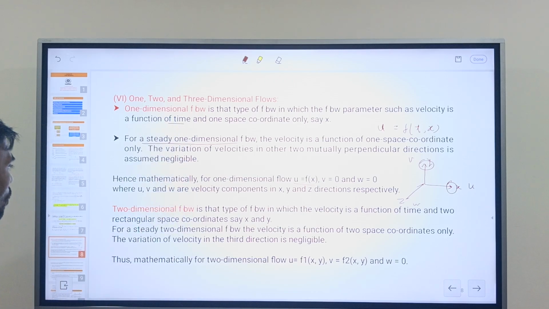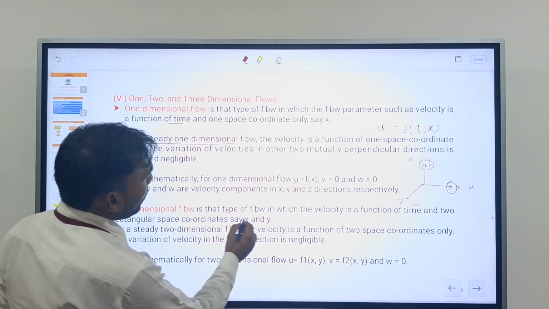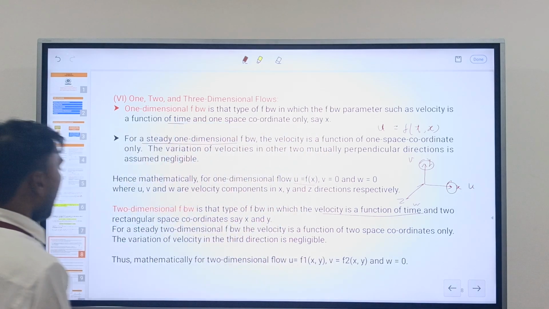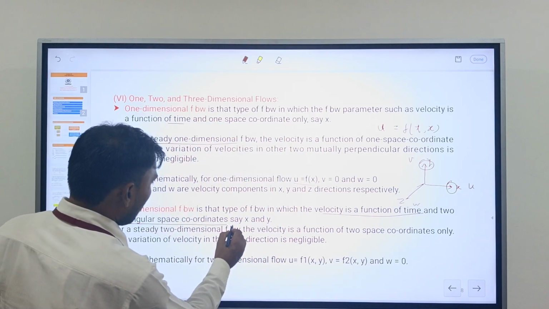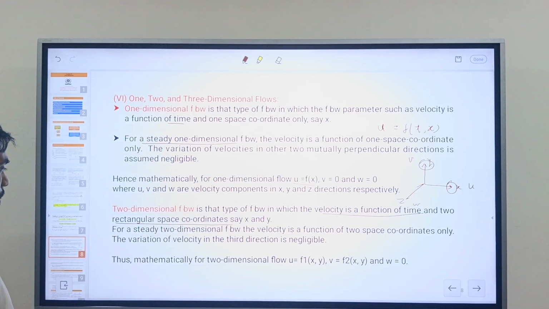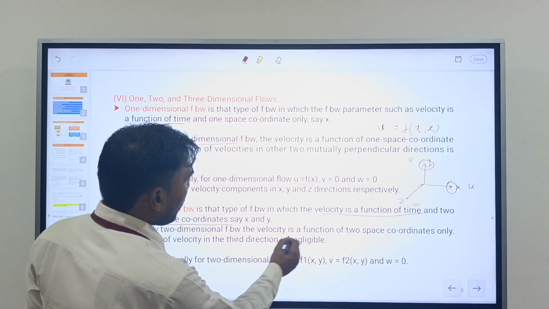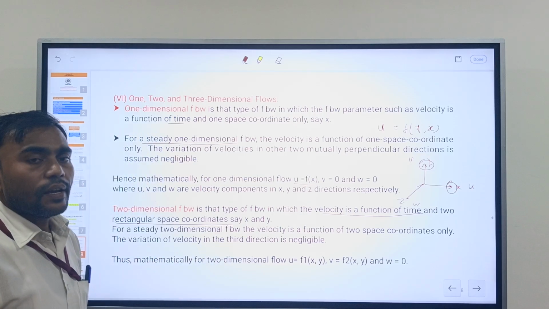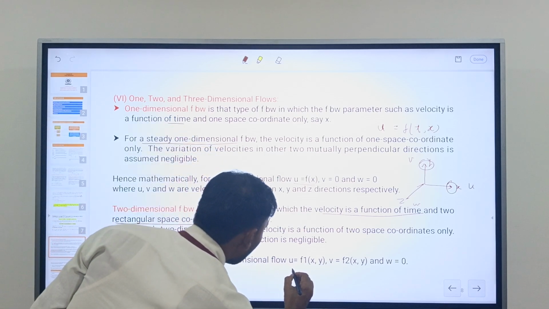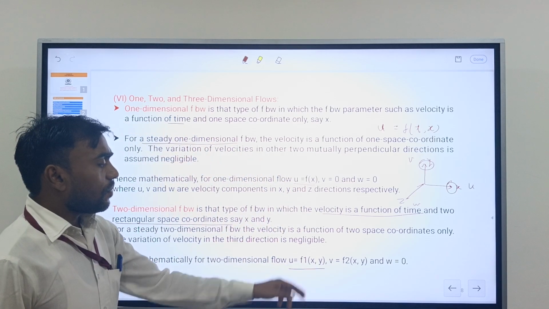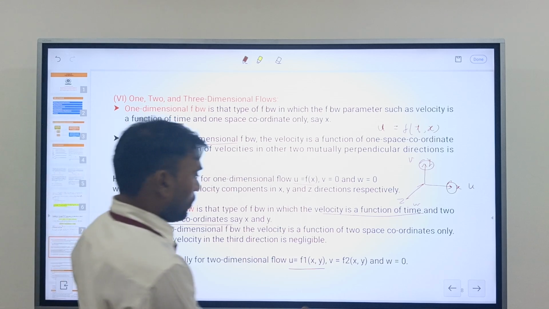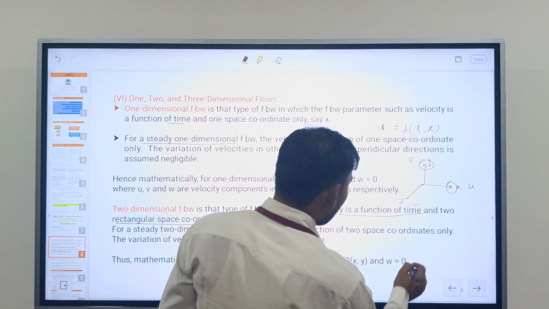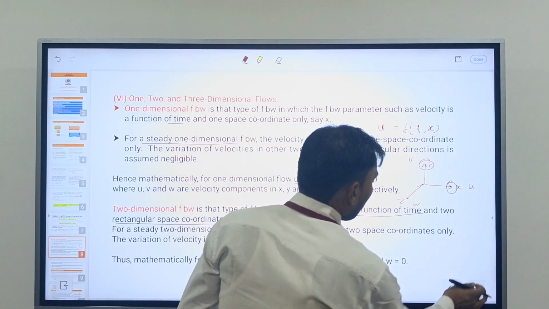Now two-dimensional fluid flow is that type of fluid flow in which the velocity is a function of time and two rectangular space coordinates, say x and y. For study of two-dimensional fluid flow, the velocity is a function of two space coordinates only. The variation of velocity in the third direction is negligible. So mathematically you can write it as u is a function of x and y, v is a function of x and y, and w is equal to 0.